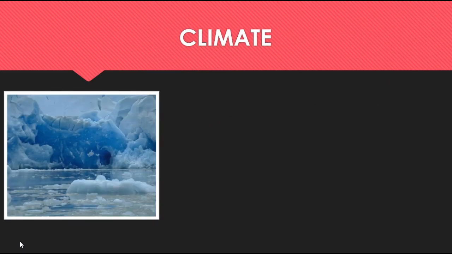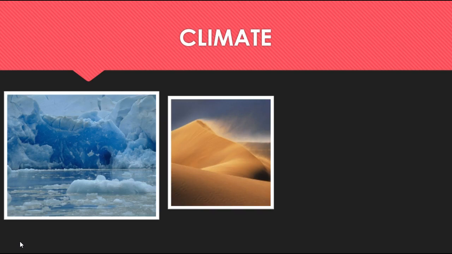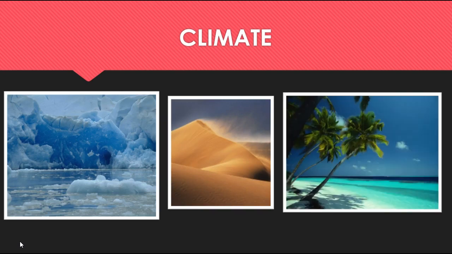And the next is climate. Climate also affects biodiversity. And we have 3 examples of 3 very different climates. One is cold and icy, the other is hot and dry, and the other is warm and tropical.